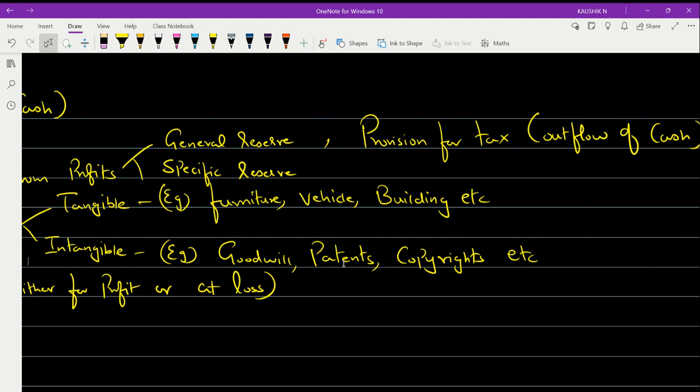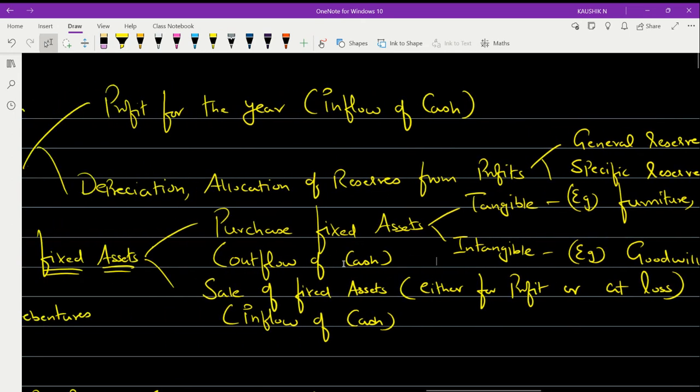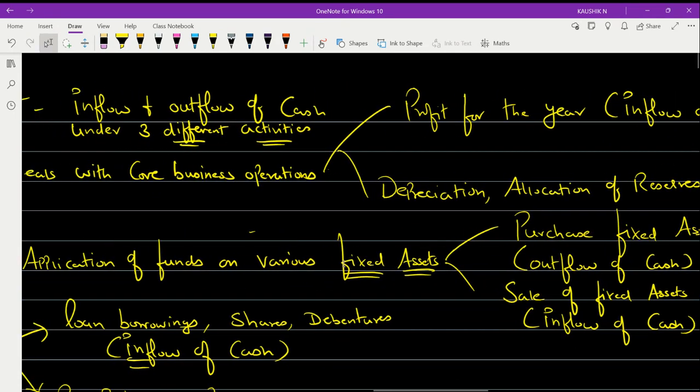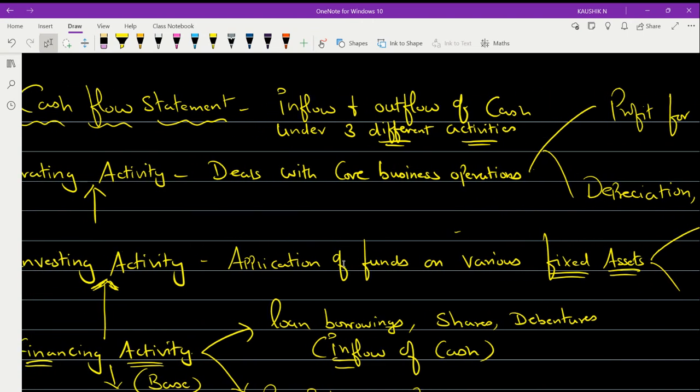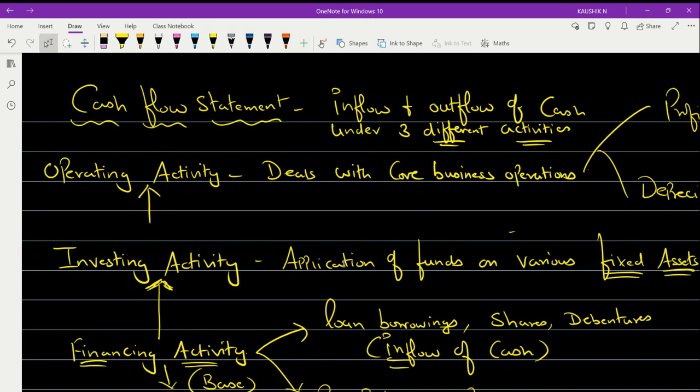All these lead to outflow of cash. So inflow of cash and outflow of cash are there in each and every activity of the cash flow, and learning about these inflows and outflows is the significance of the cash flow statement.